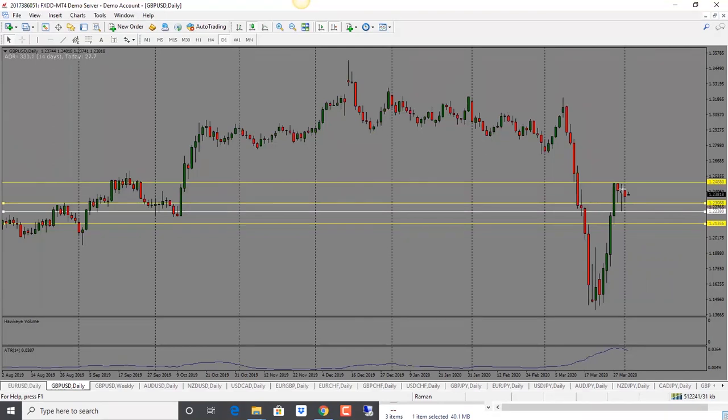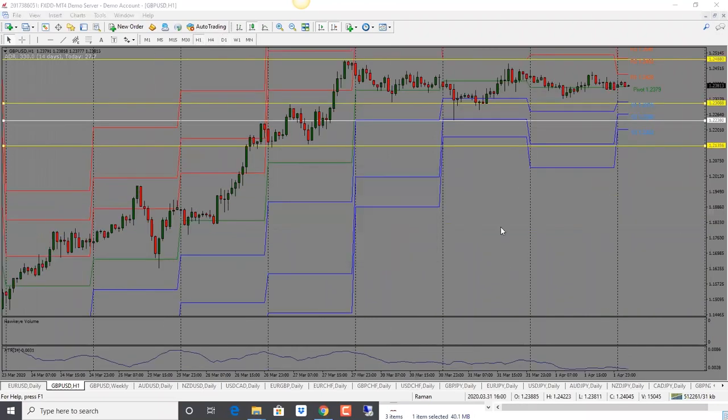But the same thing applies here as well. If we see that price does not drop below 1.2300, we could see it go back up. That's something we have to be mindful of. If we take a look at the 1 hour, we see that price is just going sideways here.